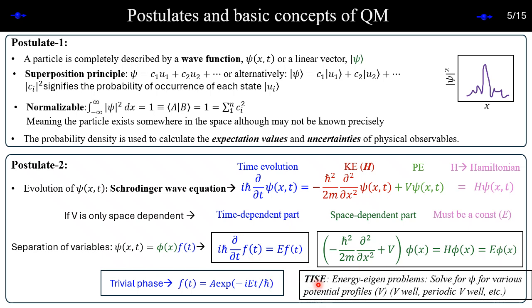There is also something called a non-trivial phase, but we will not get into that. From the space dependent part, you get the wave function as a function of space, which is the most important thing. Because if you have space, the reciprocal of that is k, and you can get E versus k. Now you know how to solve this.